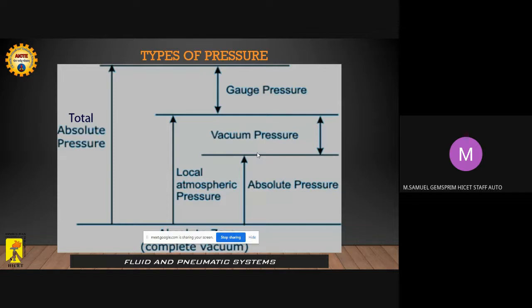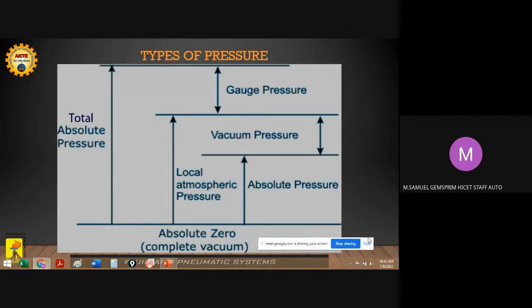Basically we have different types of pressures as per the system. First of all, if in an environment there is zero, that is no vacuum, no pressure, nothing is there, in that situation we have absolute zero, which we can see at the bottom.